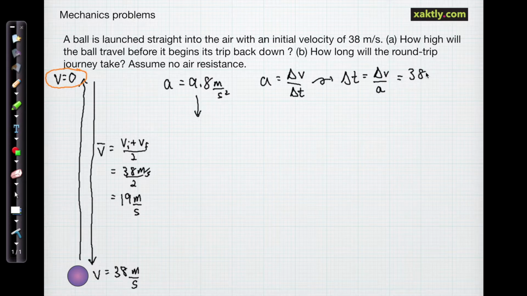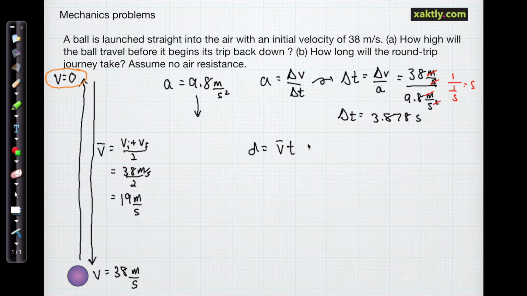The change in velocity delta v is just 38 meters per second, and the acceleration is 9.8 meters per second squared. And we can cancel these units, and we'll have units of seconds, which is what we're after. And so delta t is, in this case, 3.878 seconds.